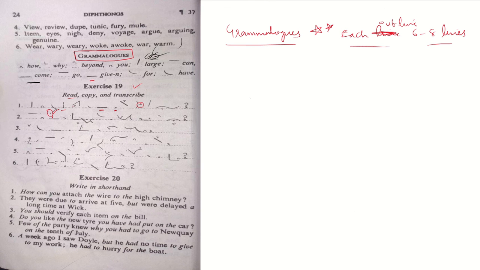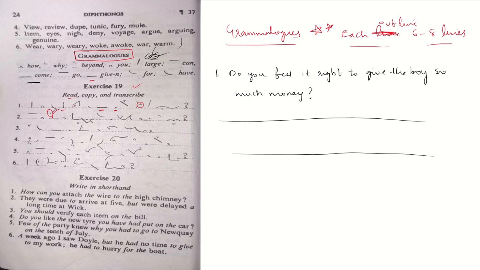After reading, write here in English: Do you feel it right to give the boy so much money? Question mark. Now write in shorthand. Okay, 5 lines you need to write.